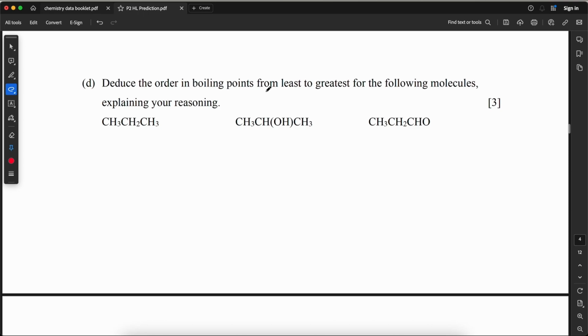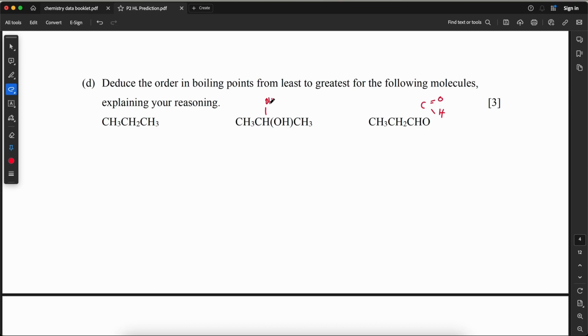Deduce the order in boiling points from least to greatest for the following molecules, explaining your reasoning. Okay, this one is an alkane, this one is an alcohol, this one is an aldehyde. So there is OH right here, and this one is CH, C double bond O, and then H. So this one is non-polar, this one has hydrogen bond, and this one has C double bond O. Because this is non-polar, it only has London dispersion force, so it has the lowest boiling point.